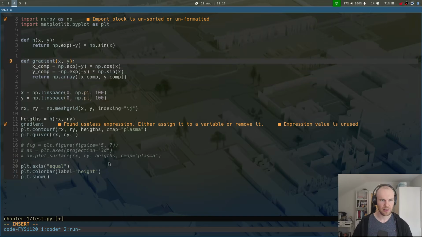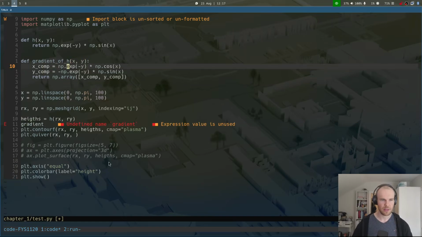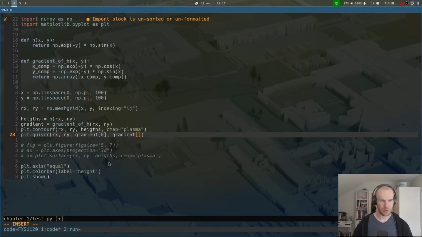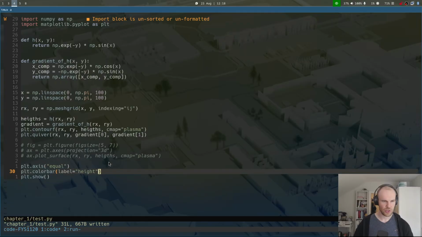Let's say gradient of h. So we could say that gradient is equal to gradient of h. Then we of course just still give it rx ry. And then here I have to use the x component of the gradient. Then I have to use the y component of the gradient. Yes.